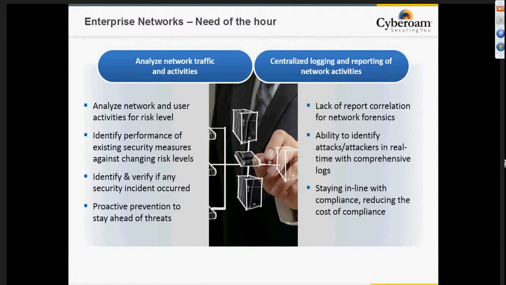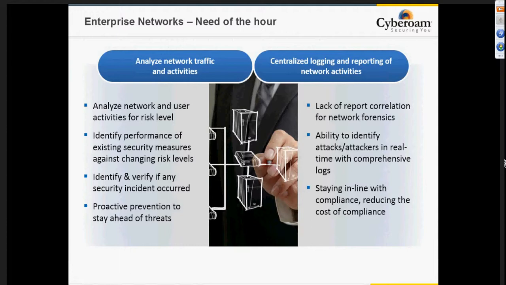So these are the network activities one has to take care of in an organization, and in correlation with them, centralized logging and reporting of network activities has become very essential. Lack of report correlation for network forensics was also one of the drawbacks, in terms of not being able to correlate activities in the network.